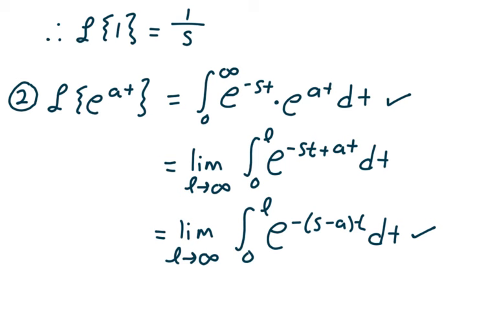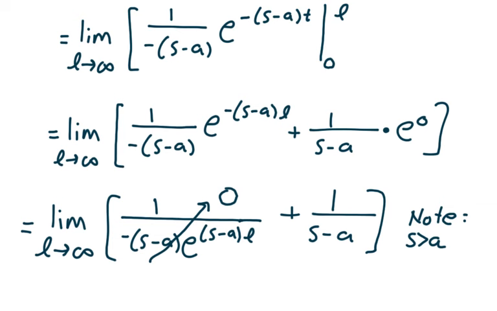And when I do that integration, remember you're integrating with respect to t. And so from here, we get the limit as L goes to infinity of 1 over the opposite of s minus a times e to the negative of s minus a times t, evaluated from 0 to L. Now, applying the fundamental theorem, we get the limit as L goes to infinity of 1 over negative of s minus a e to the negative of s minus a times L plus 1 over s minus a times e to the 0.